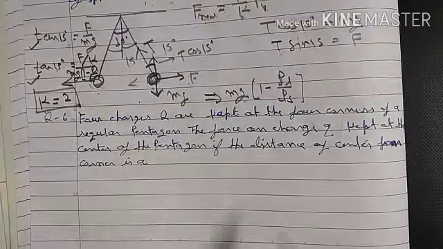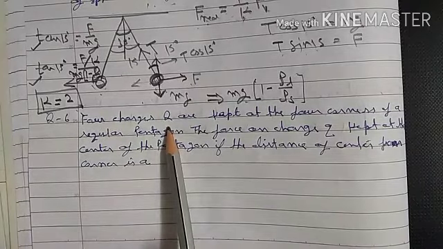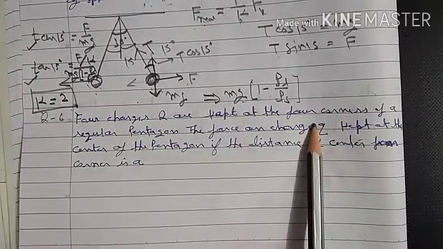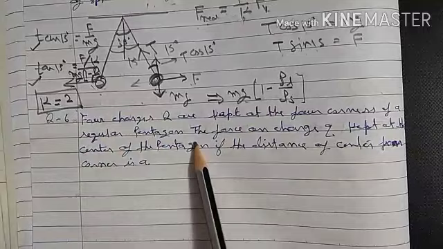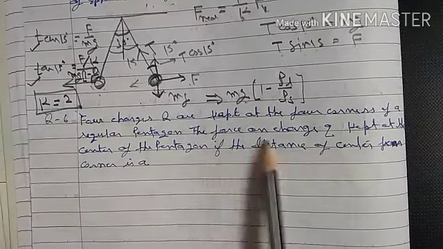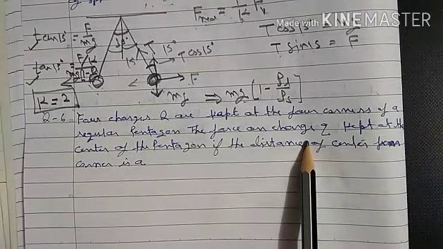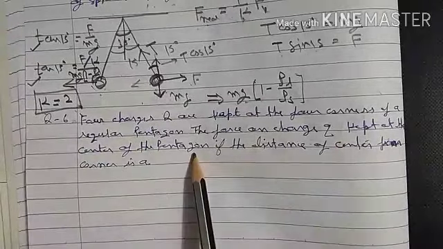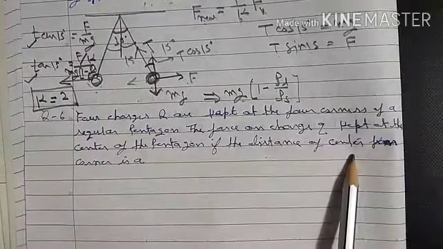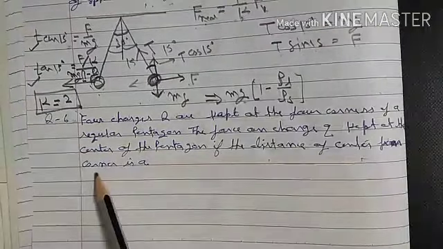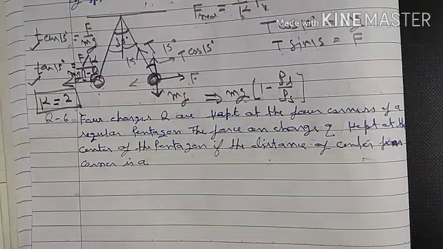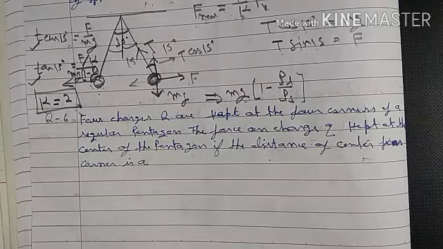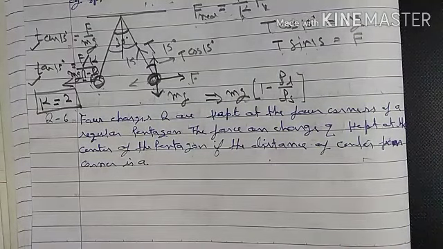Now next question. 4 charges Q are placed at the 4 corners of a regular pentagon. Find the force on charge Q kept at the center of the pentagon if the distance of the center from the corner is A. In the question, a pentagon is given.